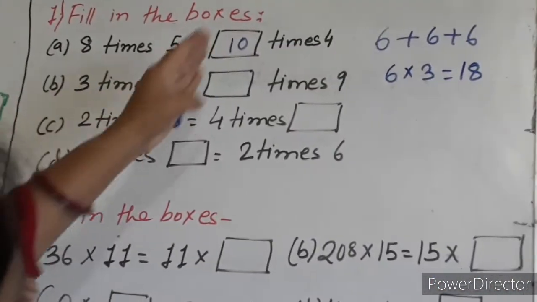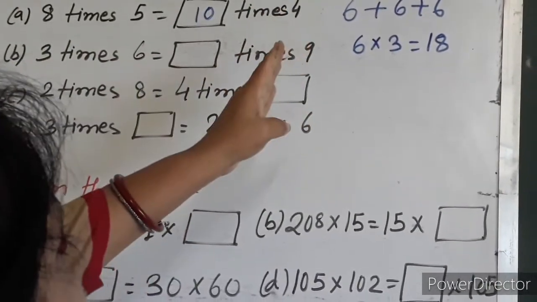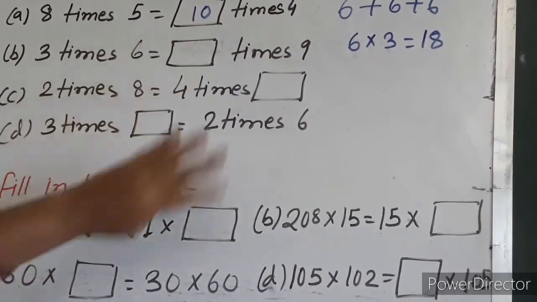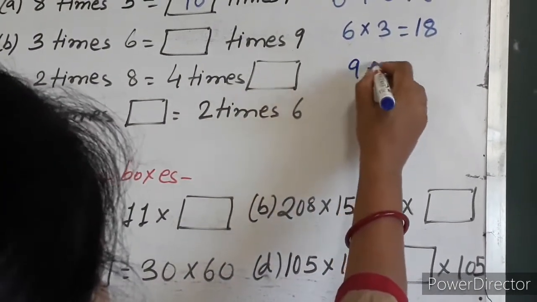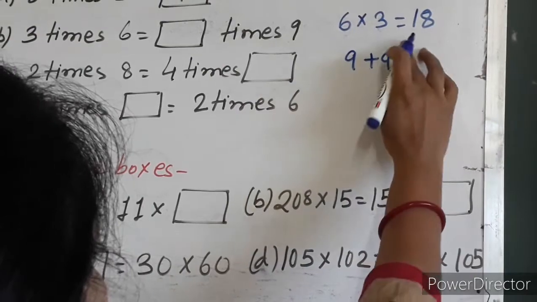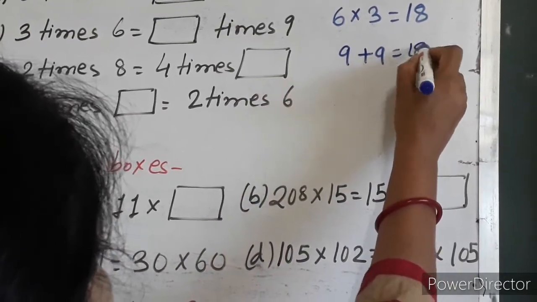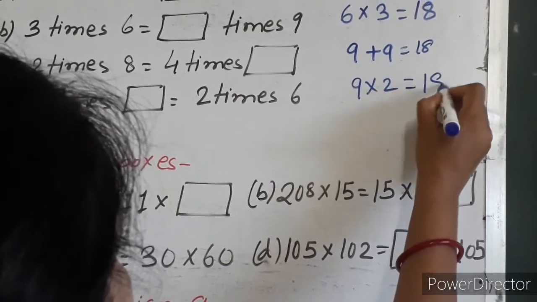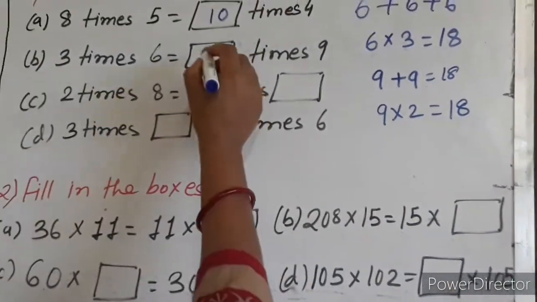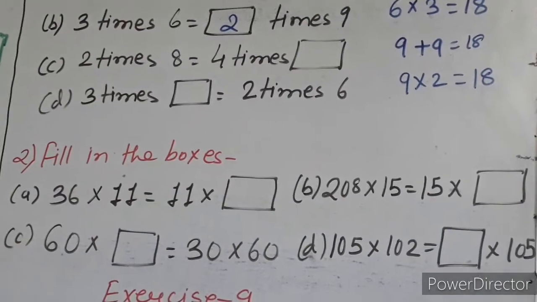So here, how many times will we write 9 to get the answer? Here it is 18. 9 plus 9 equal to 18, that is 9 into 2 equal to 18. So we will write here 2.